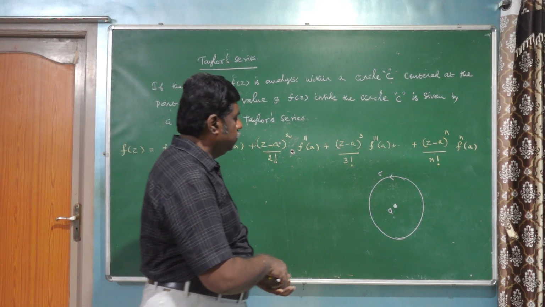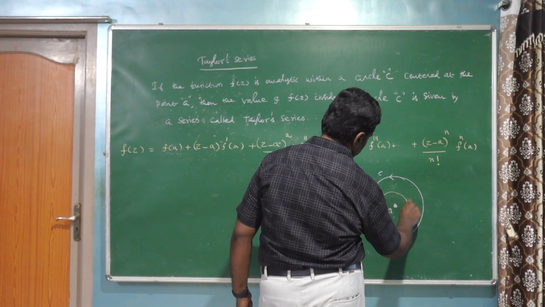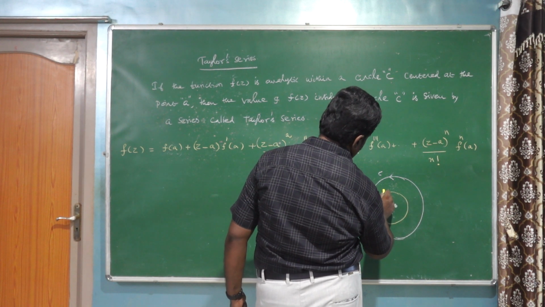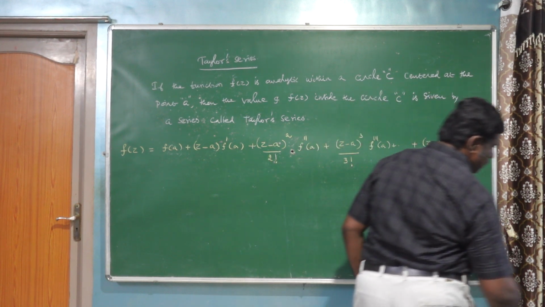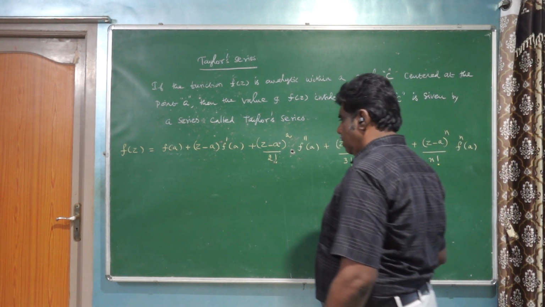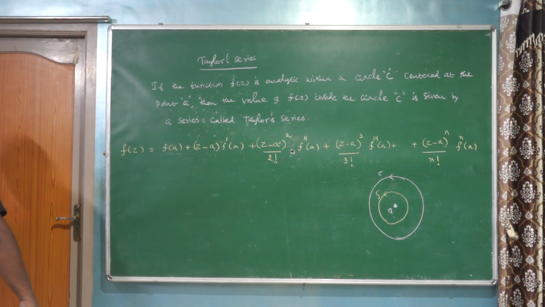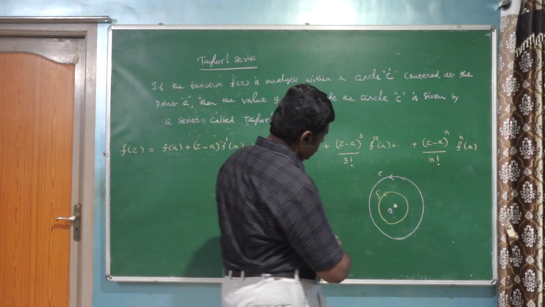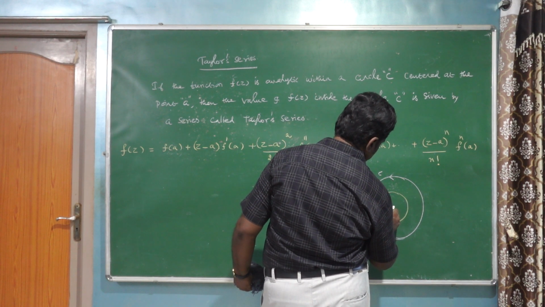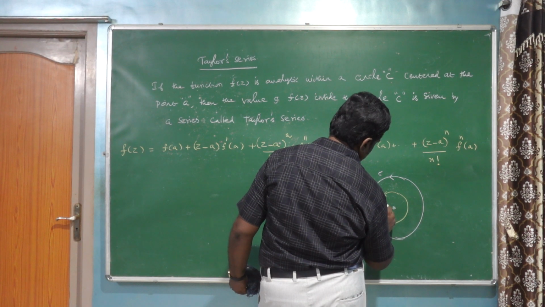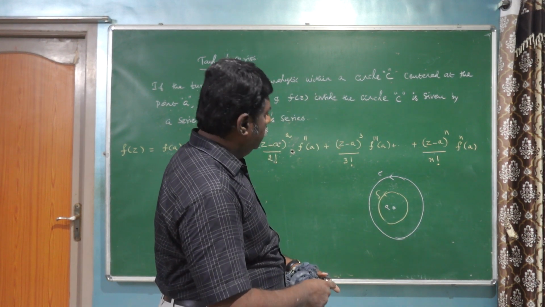To prove this, construct another circle C1 inside C, which is also having the center at the point A. So we have to adjust the center. This A is common to both C and C1.